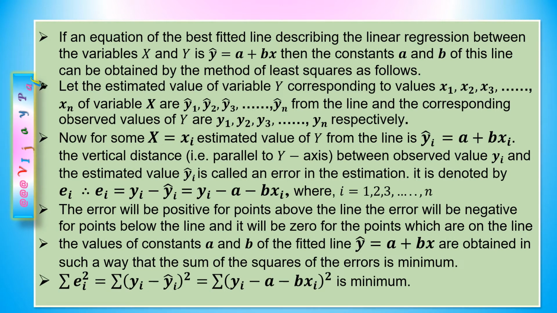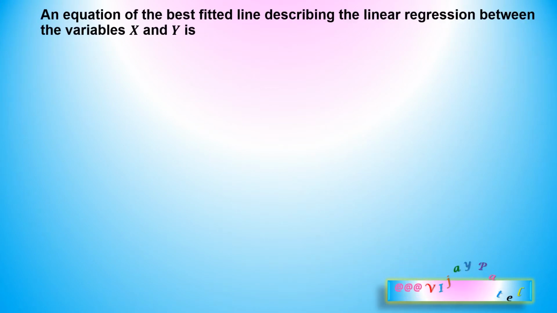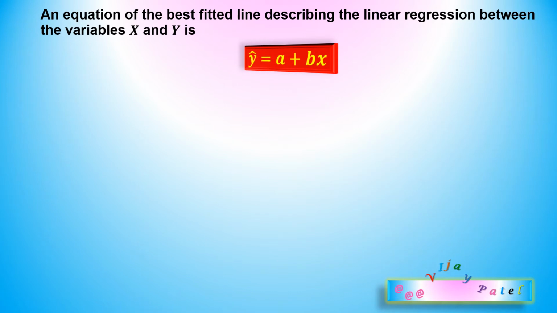So sigma ei square is equal to sigma yi minus yi cap whole square, which is sigma yi minus a minus bxi whole square, is minimum. An equation of the best fitted line describing the linear regression between the variables x and y is y cap is equal to a plus bx, where a and b are constants.